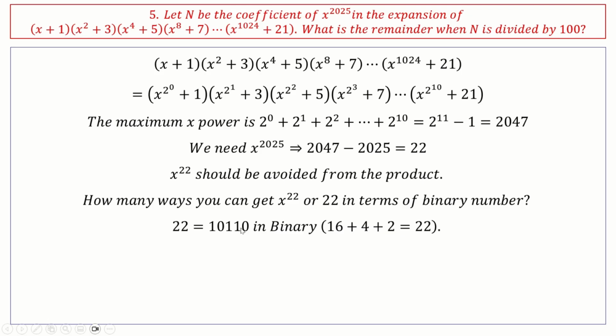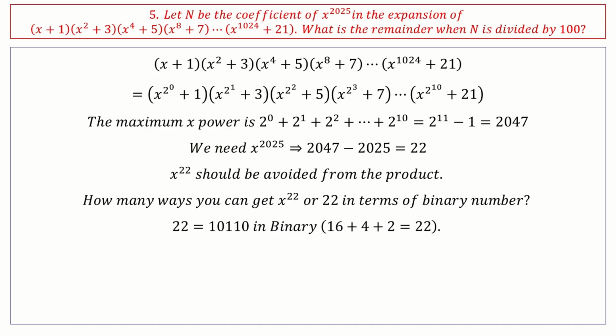If this is 2 to the power of 0, 2 to the power of 1, 2 to the power of 2, 2 to the power of 3, 2 to the power of 4, then 16 plus 4 plus 2 equals 22. There is no other way 22 is possible in binary logic. It's a unique representation, just like you cannot represent 32 in some other way. Similarly, 22 can be represented only one way in binary.